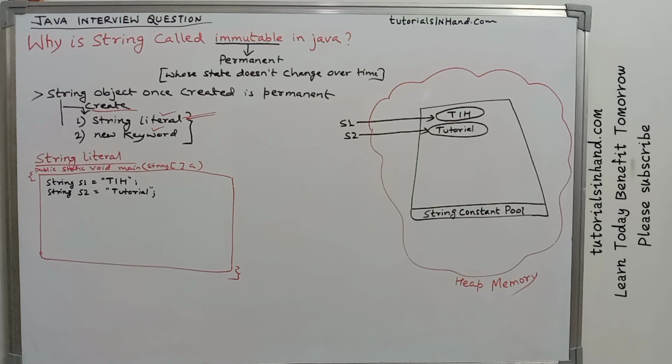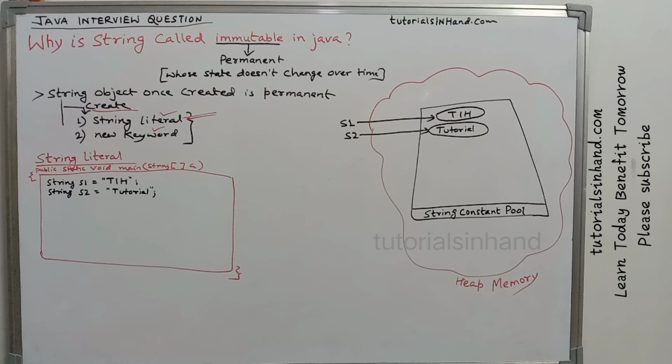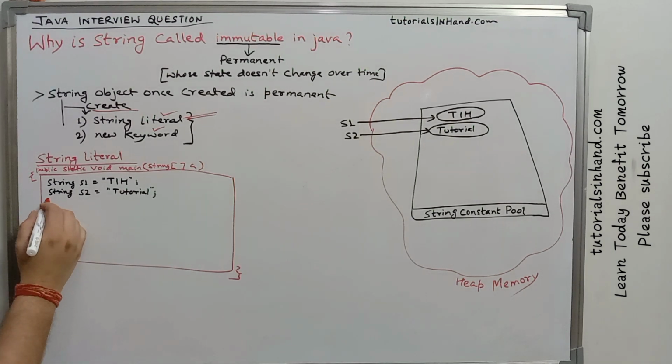But what is immutability, and how does the immutability concept come into the picture? Now suppose you want to modify any one of these newly created objects, using the plus operator to concatenate, or using the concat method. You can do anything.